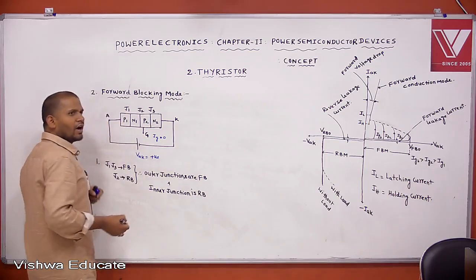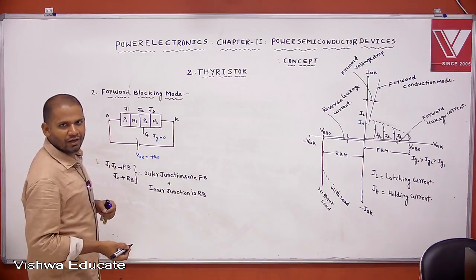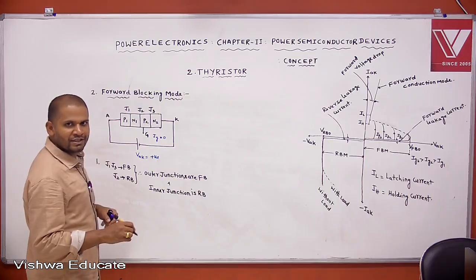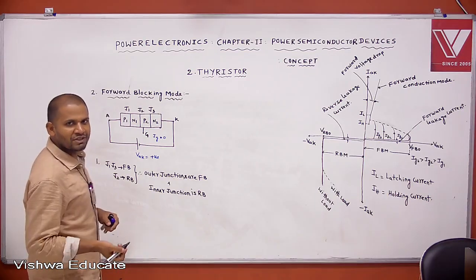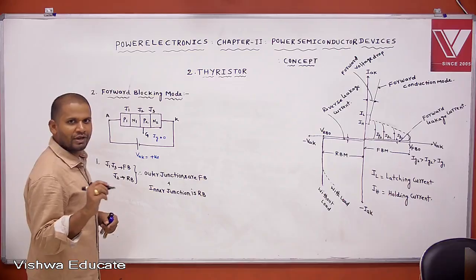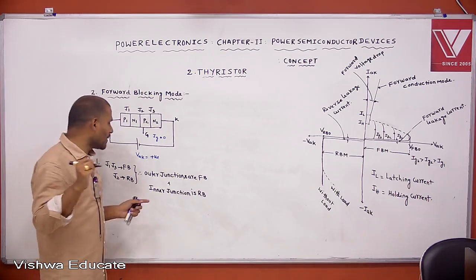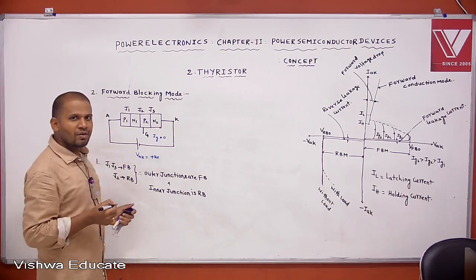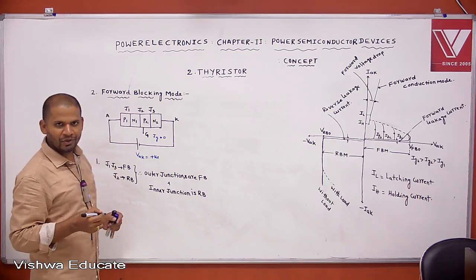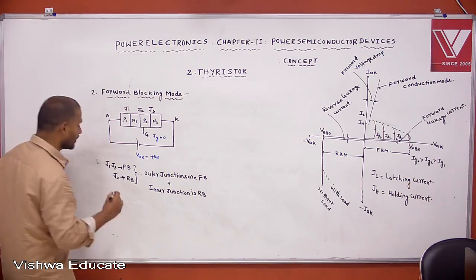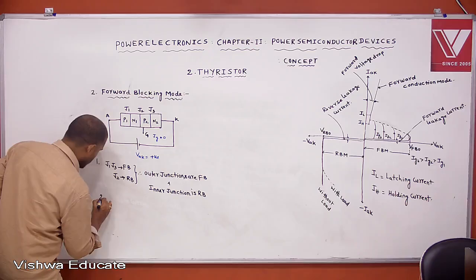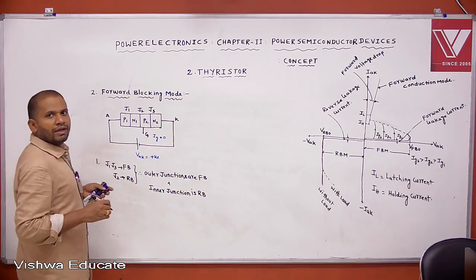In most competitive exams, this model of question is already framed: if reverse voltage is applied, which junctions are forward bias and which are reverse bias? If the forward voltage is applied, which junctions are forward bias and which junction is reverse bias? Concentrate. Every point is important. Then you can easily analyze.